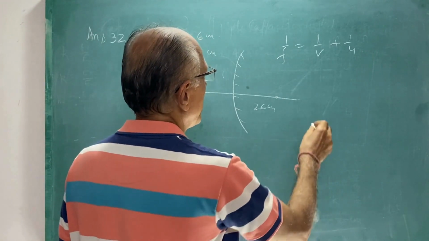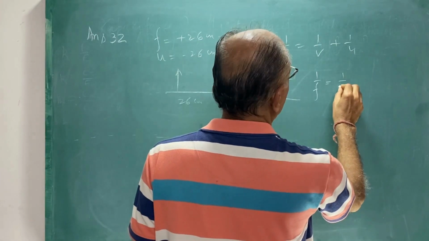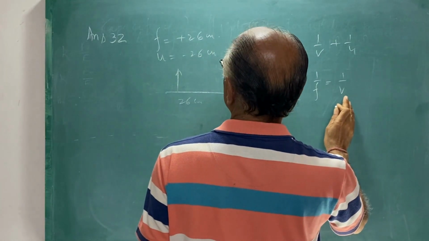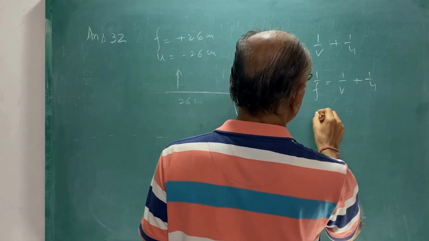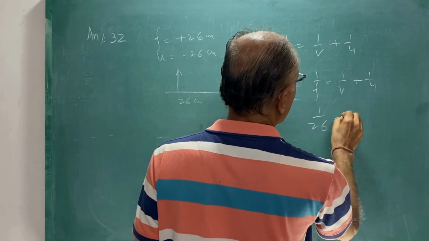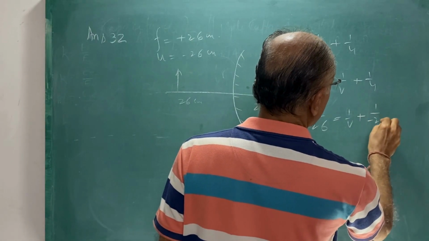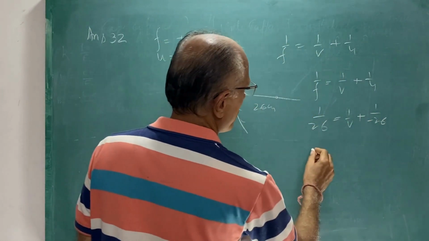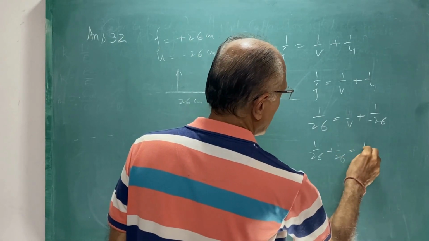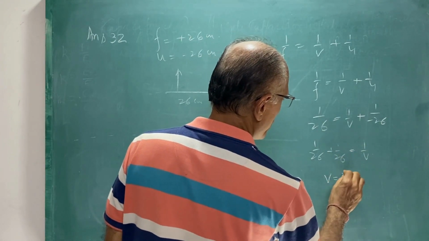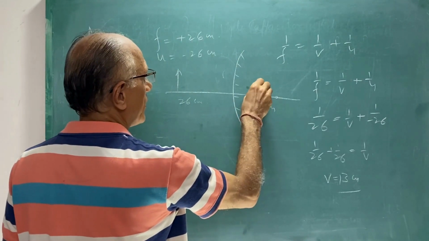So 1 upon 26 equals 1 upon v minus 1 upon 26. So 1 upon 26 plus 1 upon 26 is 1 by v. So v equals 13 centimeter. That means the image is formed somewhere here.